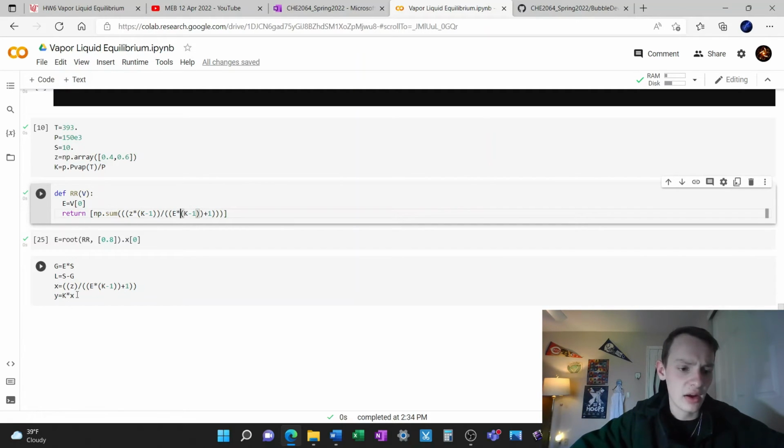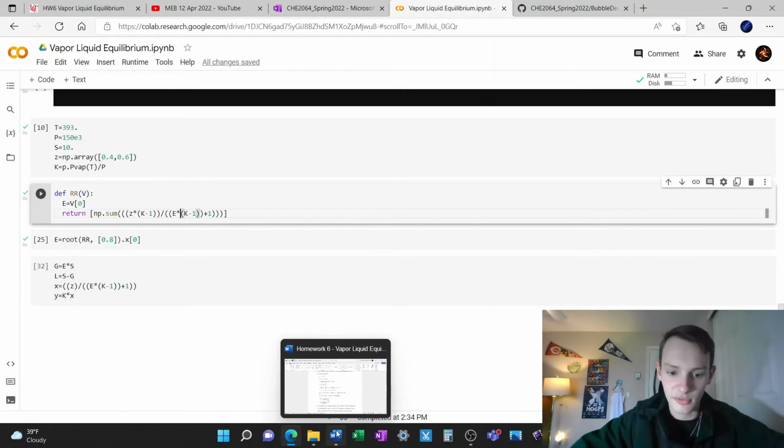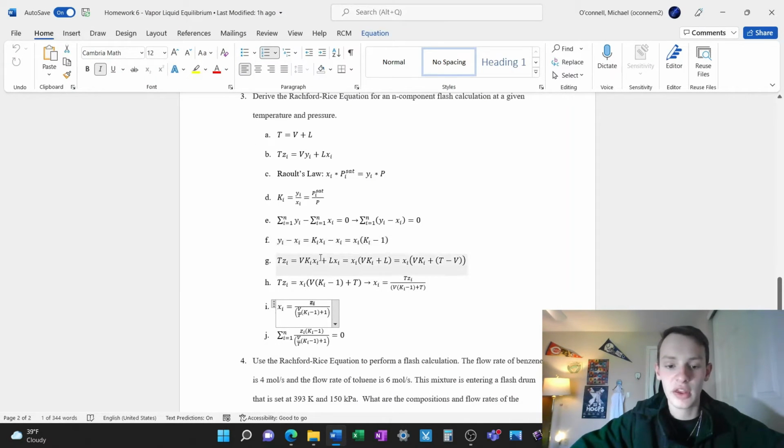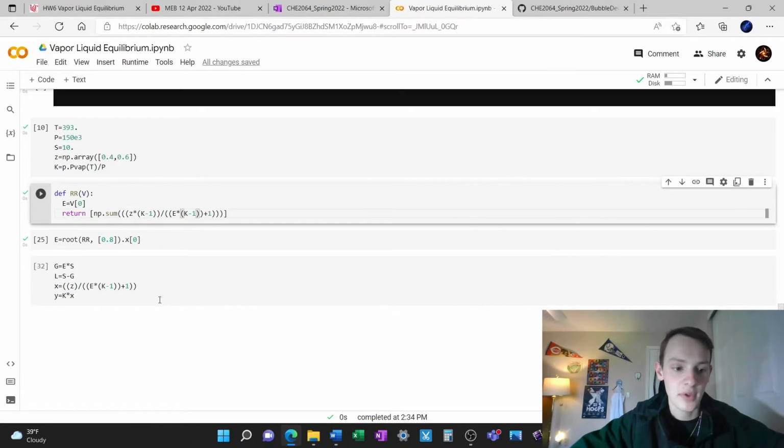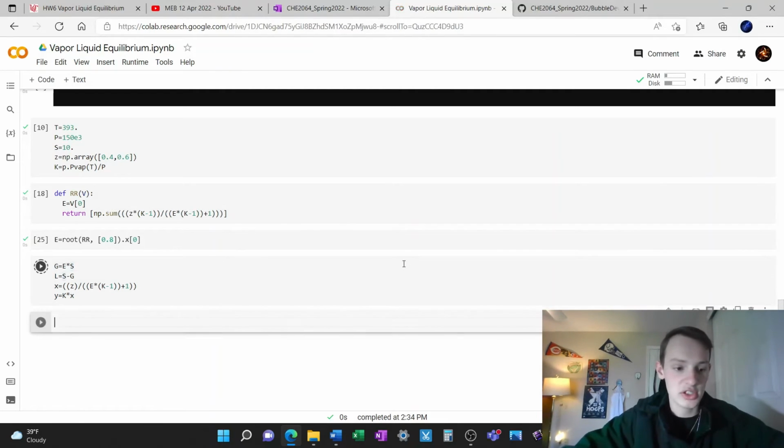I also realized that my expression for the mole fraction in the liquid phase was actually incorrect because I just grabbed it from our expression for the Rachford-Rice equation, and I forgot to get rid of the K minus 1 up here. As you can see in this numerator, you just have Z. So I was sure to get rid of that. I'm going to shift enter on that, and now we can look at what these values are.